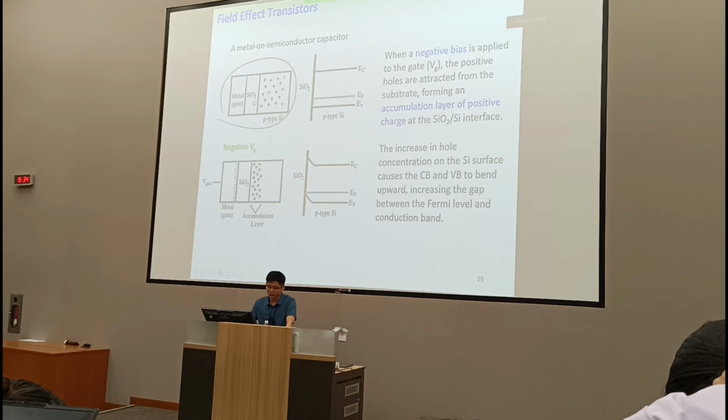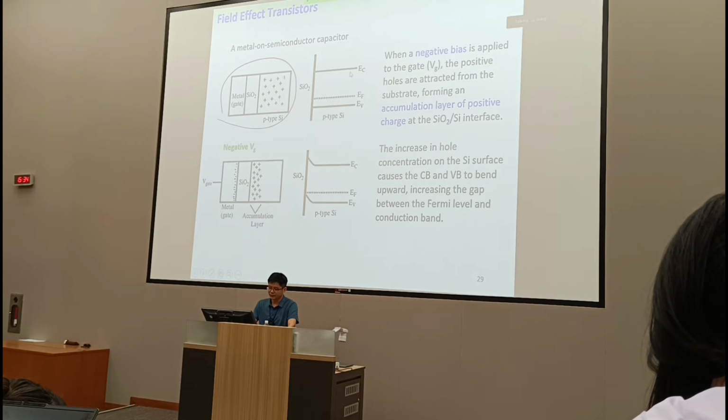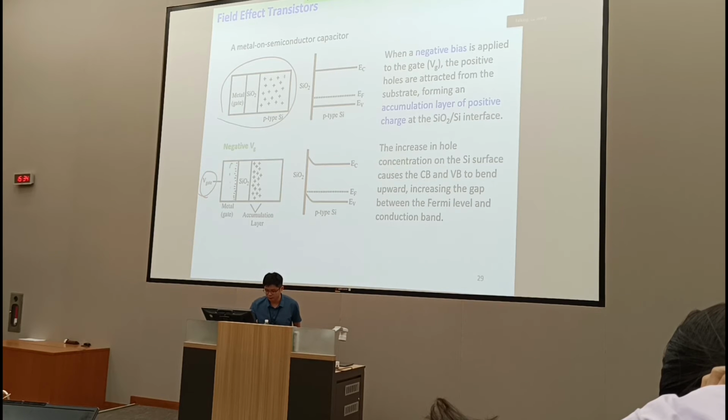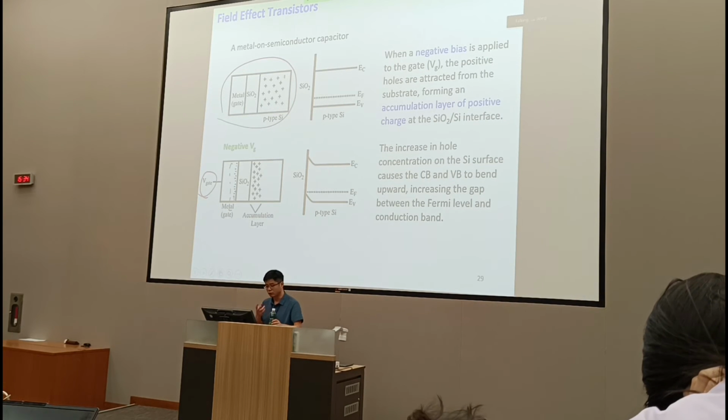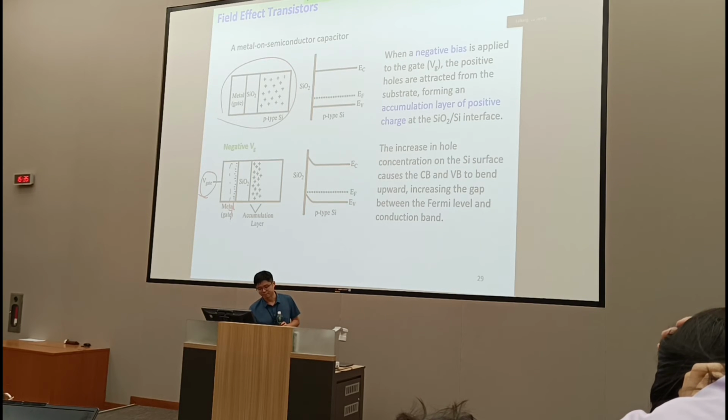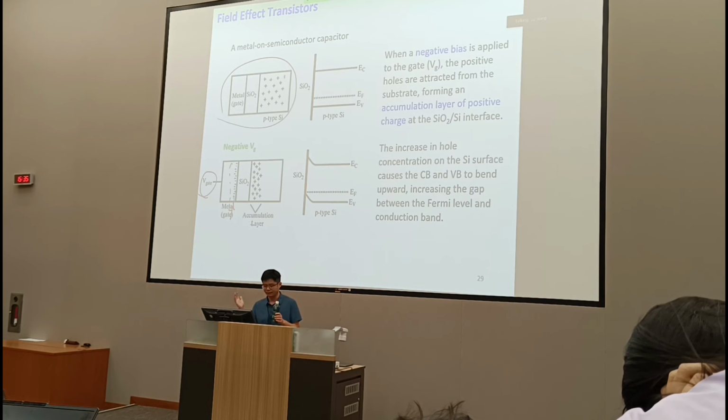This is the gate sitting outside. You have P-type channel material, right? So this is before you apply the gate: conduction band, Fermi level, valence band, and how they are aligned. When you apply negative voltage, what happens? With the negative gate voltage, you negatively bias your metal, so you accumulate a lot of electrons, negative charge, on this conducting plate. Then, opposite, you attract positive charge, the double capacitor model, right?